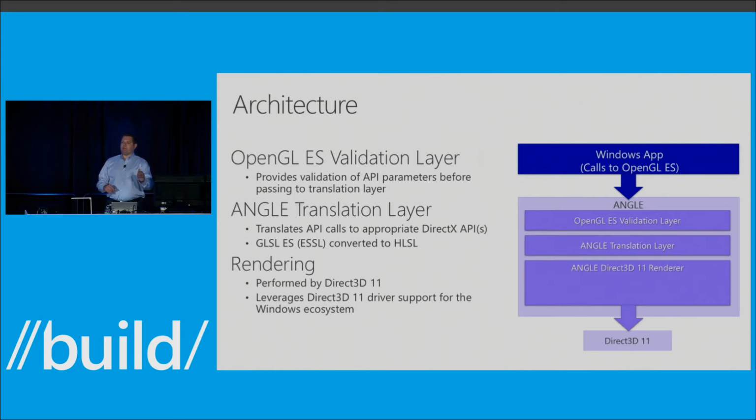GL draw arrays gets mapped to its equivalent, or bind buffer. And the key thing here, and this was where some of the work had to happen, is translating the GLSL, that's for ES, to HLSL for DirectX. It wasn't as easy as some would think. There's not a direct one-to-one correlation between the capabilities of HLSL and GLSL.